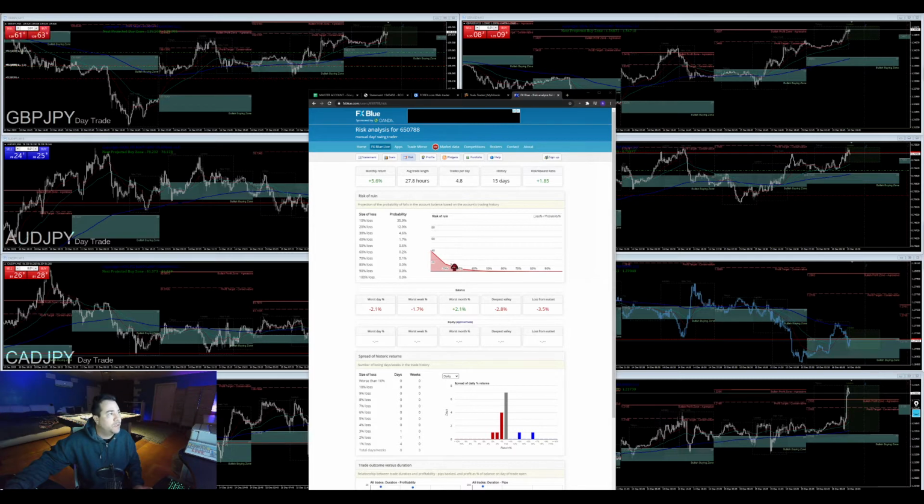But I like this chart because it shows that, according to just the past 2 weeks, if we were to continue trading forever, we have a 35.9% chance of a 10% drawdown, and a 12.9% chance of a 20% drawdown, and it starts really falling off from there. So we only have a 0.6% chance of a 50% drawdown. Again, after we have more data pumping in here, I think these numbers are going to improve even more. We'll probably only have maybe a 10% chance of a 10% drawdown.